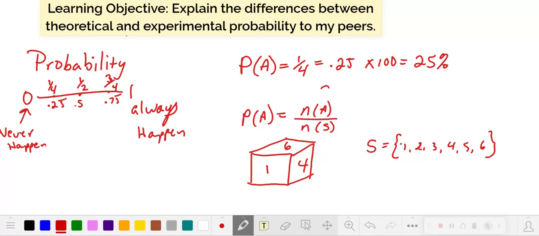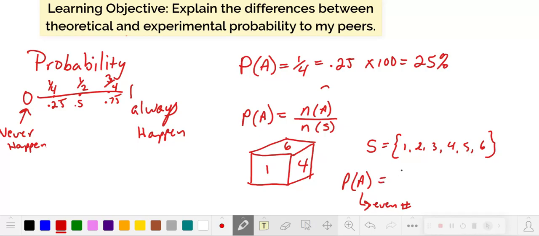Okay? So I can analyze if I had an event where the numbers were even. So event A, if event A is even numbers, what is the probability that I'm going to get even numbers? Well, how many even numbers are here? 2, 4, 6.